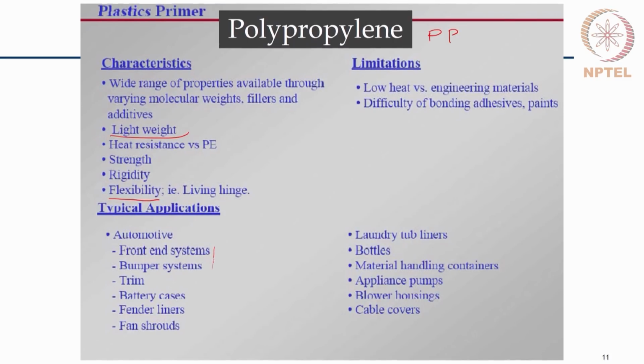A lot of casings and liners, shrouds and all are made using this material. In terms of limitation, it cannot be used in high temperature or wherever there is a lot of use of materials for bonding, and there is difficulty in painting. A lot of other applications like bottles, water bottles to laundry tub liners are made using this material.